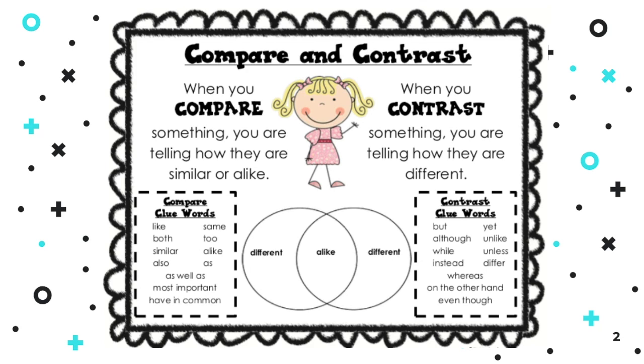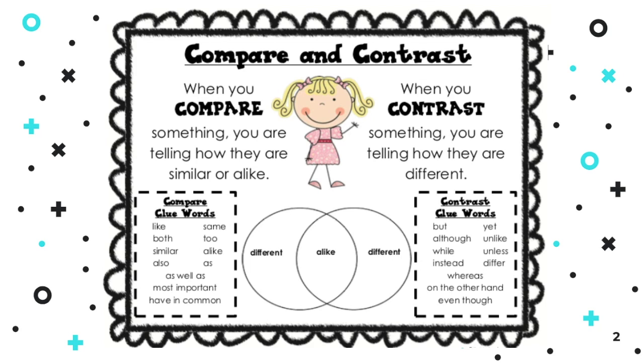We can see some words commonly used when we compare things in the box on the left-hand side. Some examples are similar, alike, have in common. Then we go over to the right-hand side and we can see the word contrast.